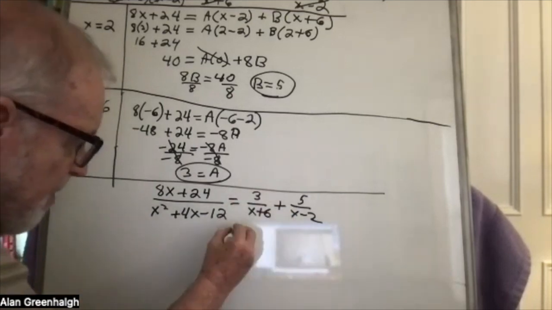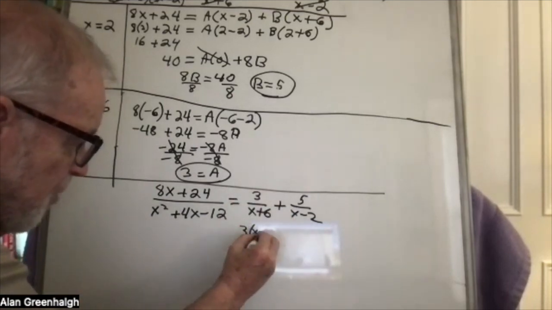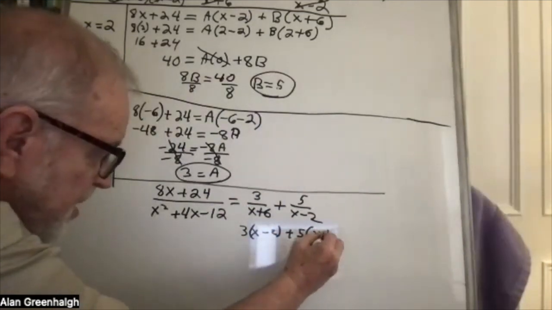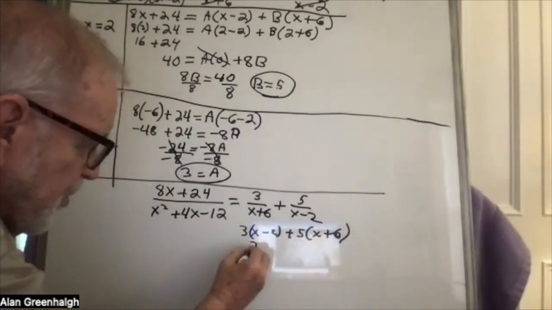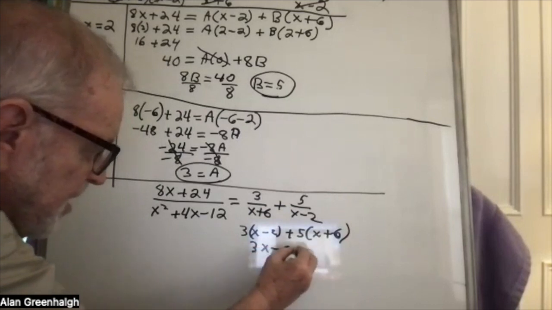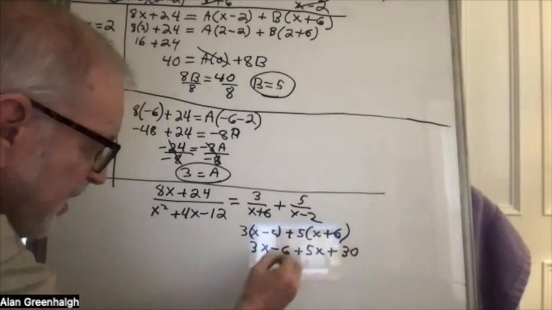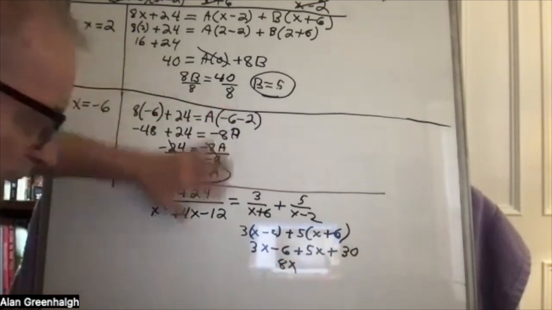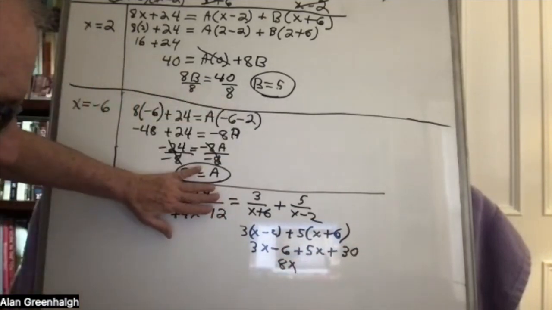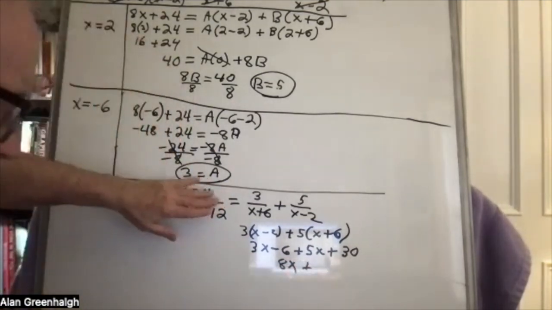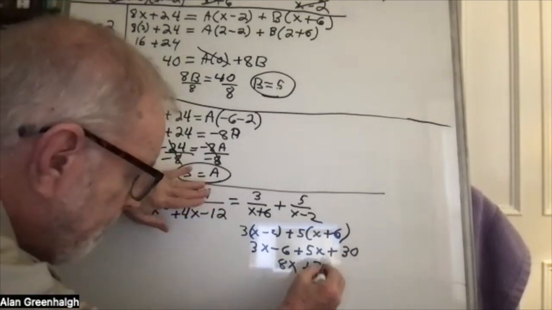But anyway, 3 times x minus 2 plus 5 times x plus 6 equals 3x minus 6 plus 5x plus 30. And that gives us 8x plus 24.